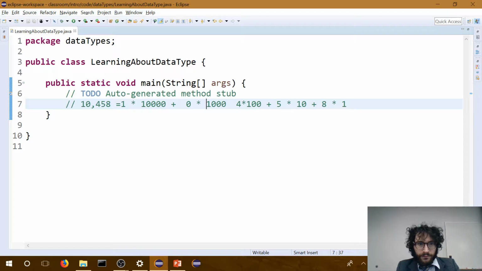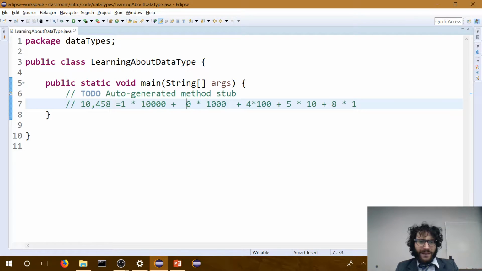If this is boring, that's because you're just going to be relearning a lot of basic math today. But it's essential for understanding how data is going to be used, and how we're going to evaluate it in computers. So we've got 1 times 10,000, 0 times 1,000, plus 4 times 100.